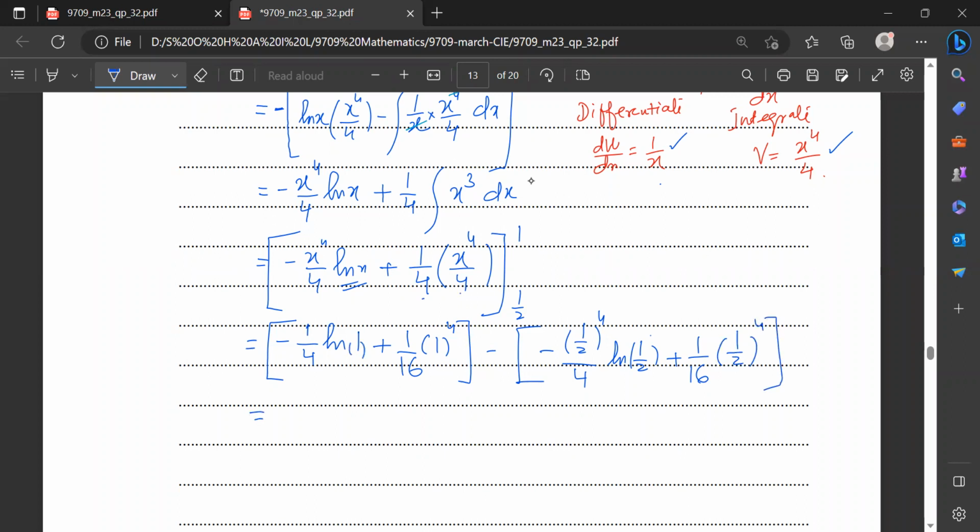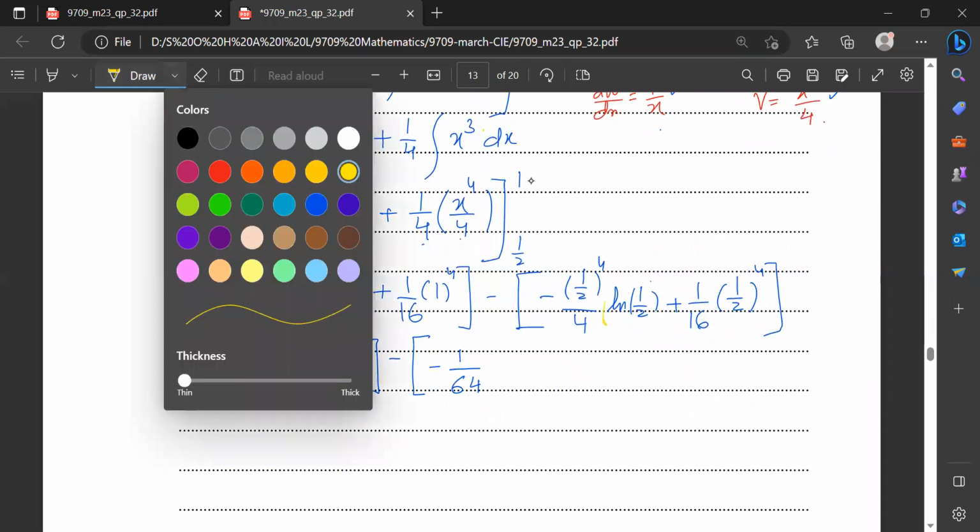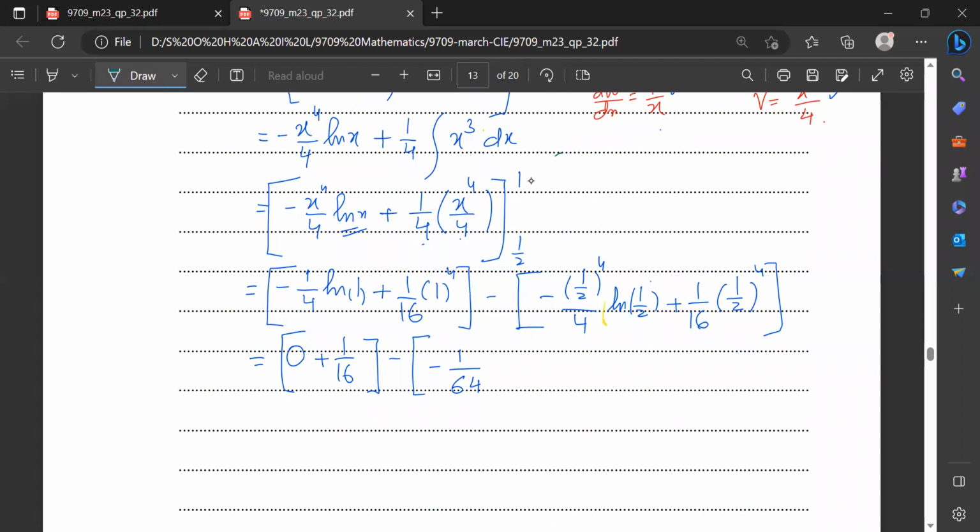Natural log of 1 is 0, write 0 for this, plus 1 over 16 first bracket, minus, here I can write minus 1 upon 64. You can simplify using a calculator or directly. Well, here is natural log of 1 over 2. You can leave natural log of 2 as it is there, but if you want to simplify, you can always simplify.